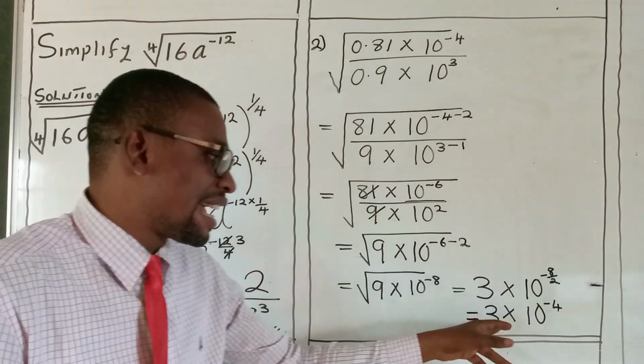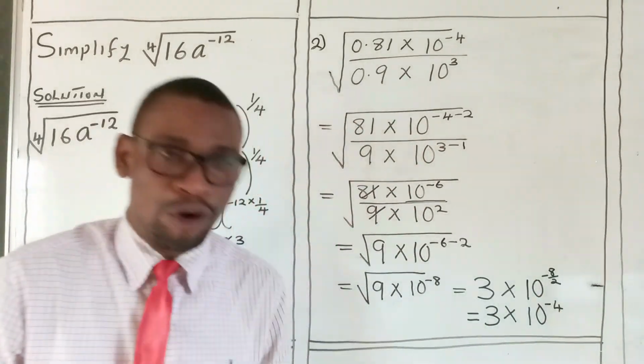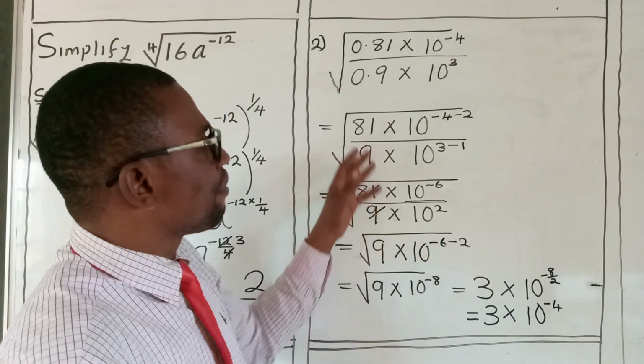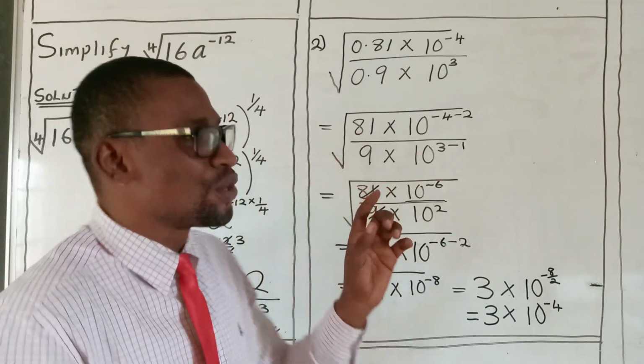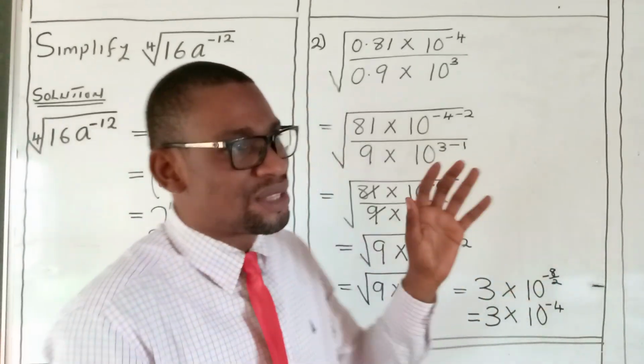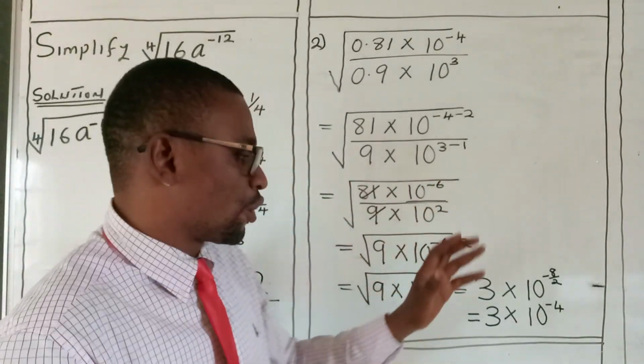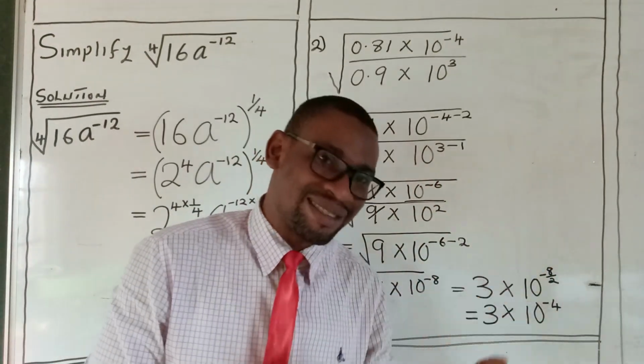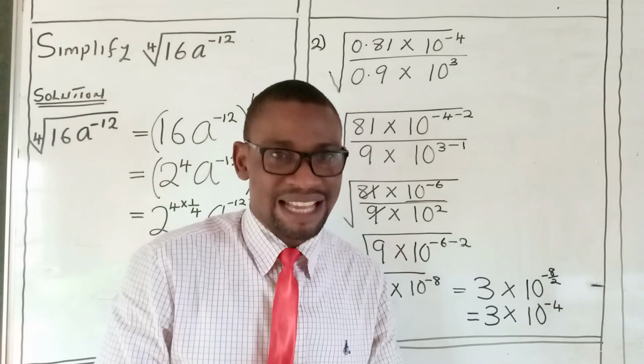Now this final answer is expressed in standard form. You can see we've been able to evaluate this without using calculator, without using 4-figure table, and also expressing our final answer in standard form.